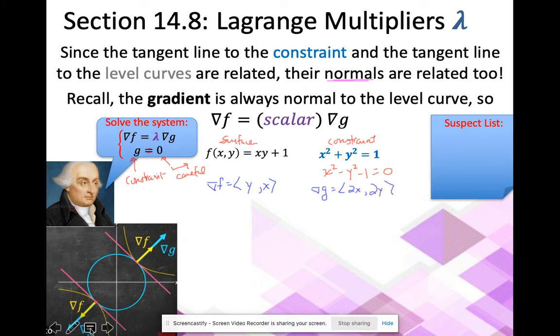Set them equal to one another. y is equal to lambda 2x. x is equal to lambda 2y. No judging how I draw my lambdas. I'm pretty bad at it.